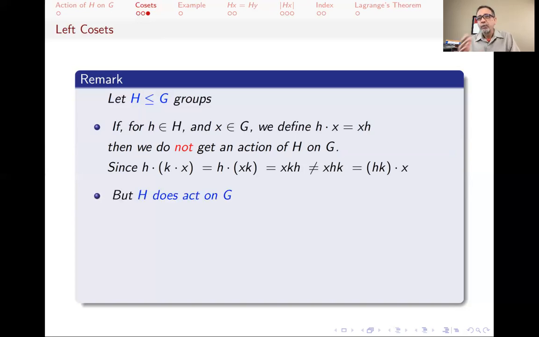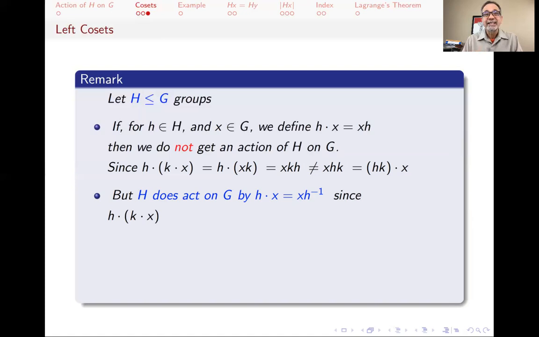However, if we really want to have an action on the right, we can do that. We just have to modify things slightly. If H does act on G, if you define h dot x to be xh inverse, so you have to throw in an inverse there. Why would that work? The identity still works. And this time, h dot (k dot x), what is that equal to?